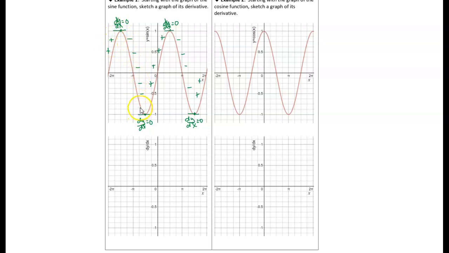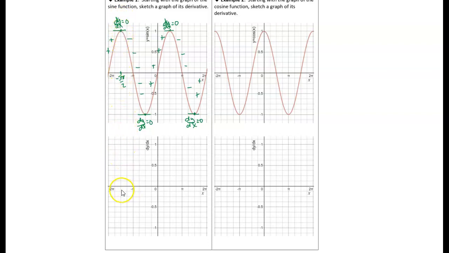In this area where the slope is negative, the function is decreasing, the slope is negative, and so the derivative is below the x-axis. And in between there, the slope is 0. So right here at this point, which looks like it's about negative 3 pi over 2 in this particular case, the slope is 0, and so that's where it's going to cross the x-axis.